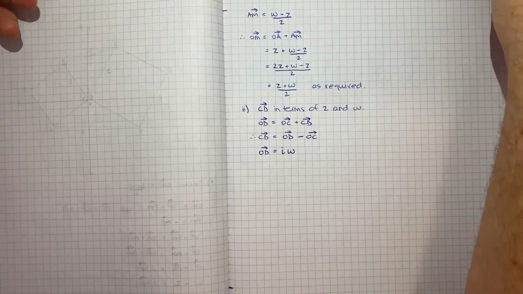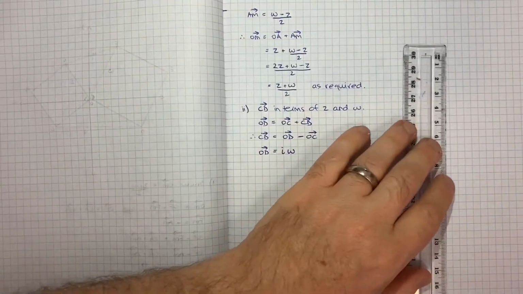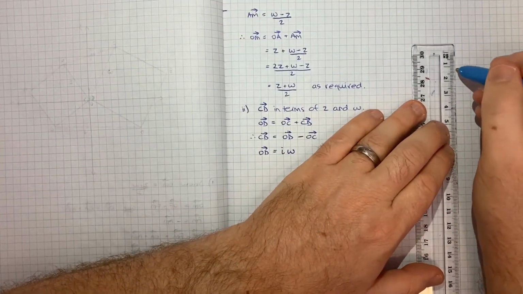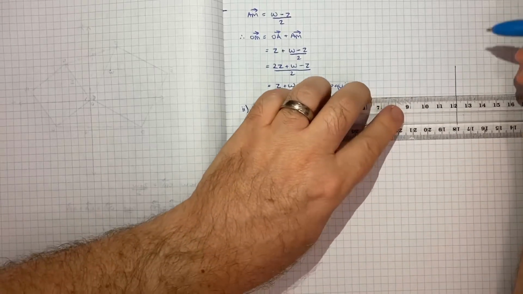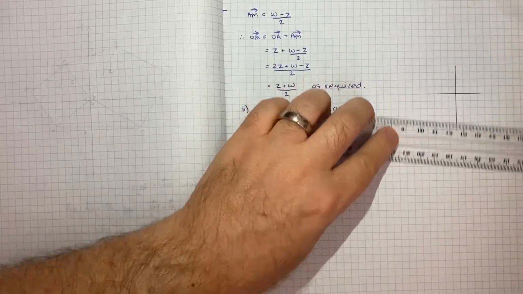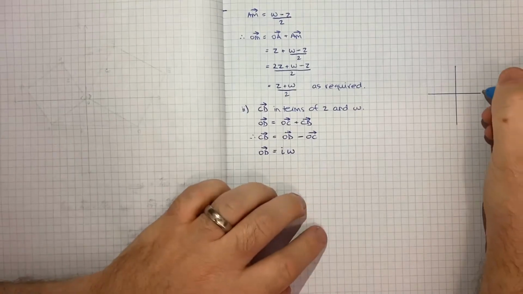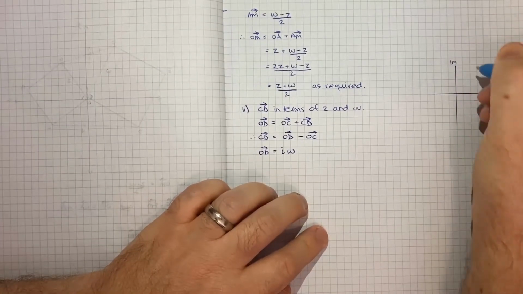Hopefully that's something you've seen, but if not, a very simple way to think about this would be to draw up a simple Argand diagram. So you've got your real and your imaginary.